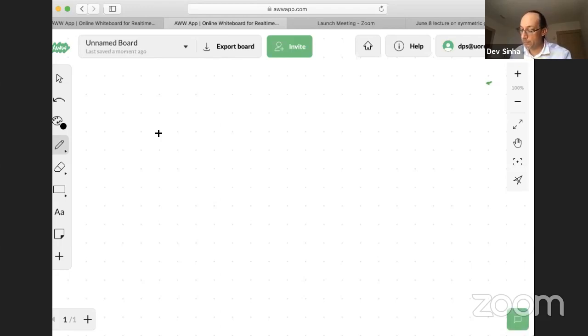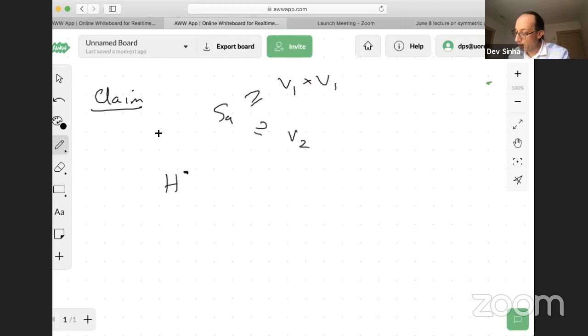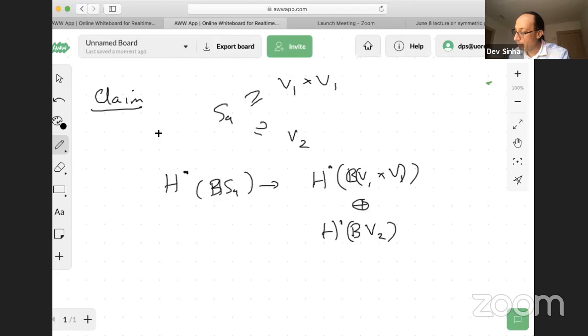So again, the claim is that I've got S4, and then I've got V2, or actually I was listing first V1 cross V1 and V2, that the cohomology of BS4 restricting to the direct sum, cohomology of BV1 cross V1 plus the cohomology of BV2, is injective.